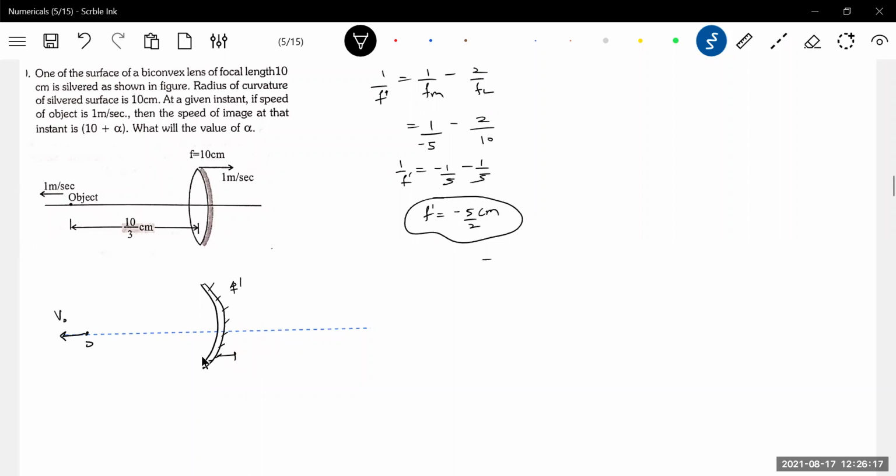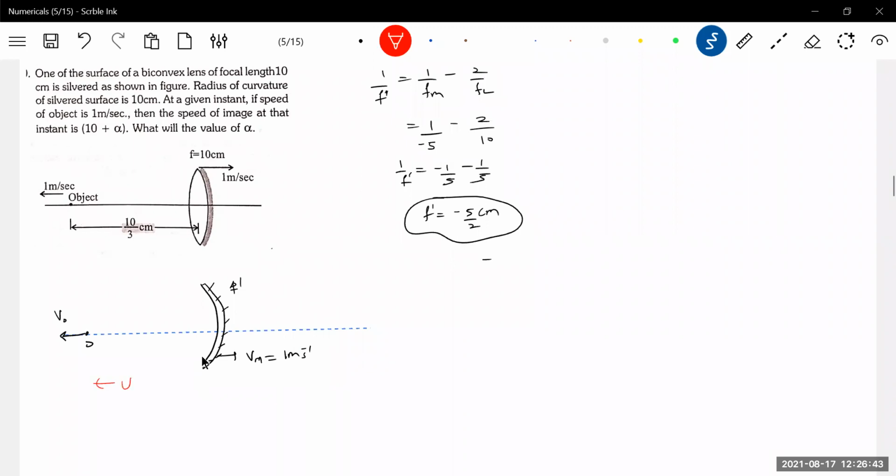This is the velocity of the mirror. What was the formula? Velocity of image with respect to mirror along x-axis is equal to minus m squared times velocity of object with respect to mirror along x-axis. Directly use that formula, or else you should take the equation and derive it.